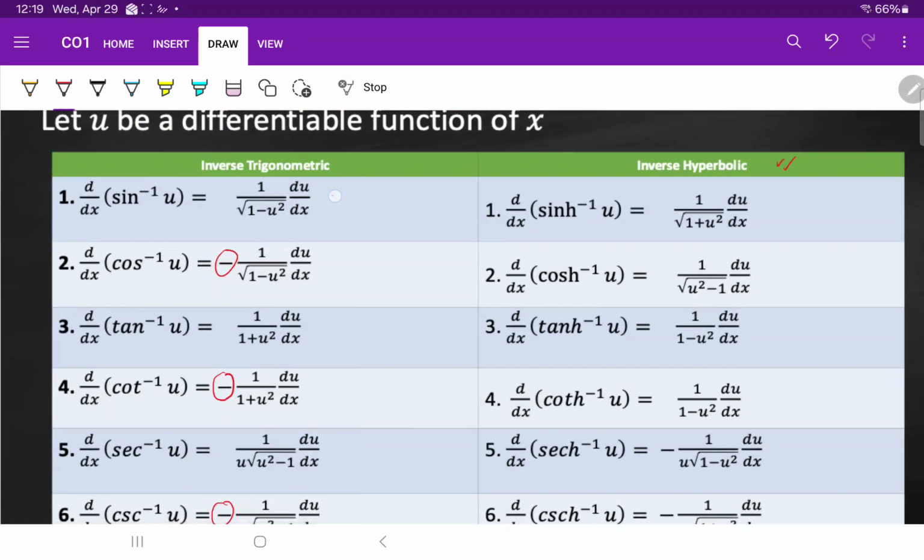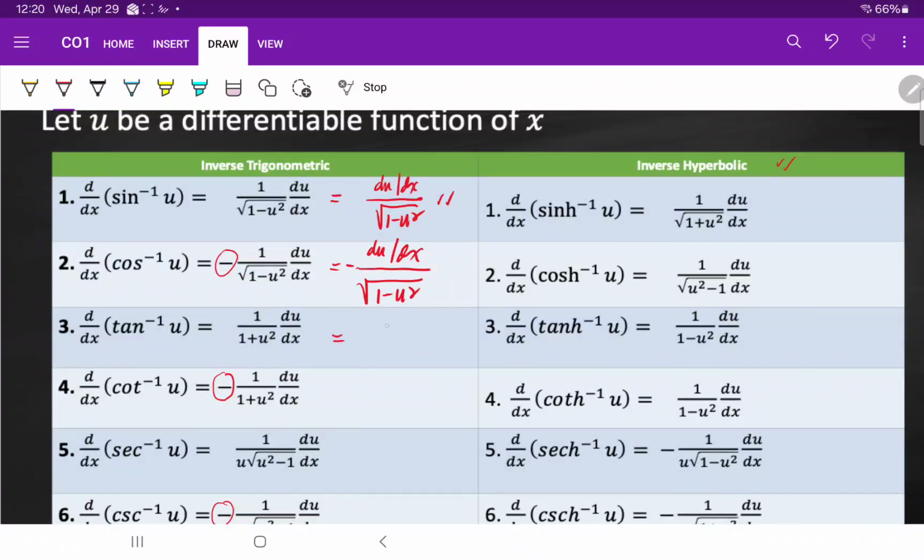Also, this can simply be written as du dx over the square root of 1 minus u squared. Instead of 1 over the square root of 1 minus u squared times du dx, you could write it this way. Any will do. So for arc sine, this is du dx over the square root of 1 minus u squared.